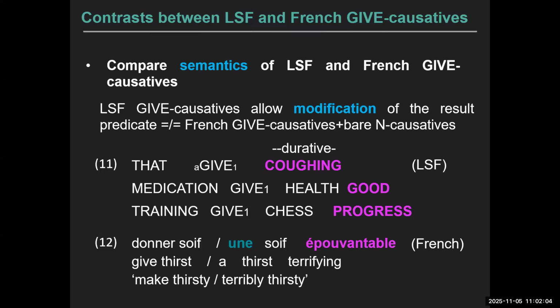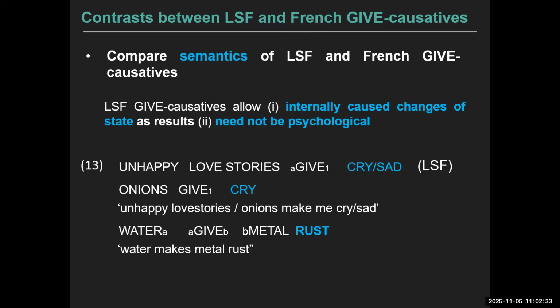Training give chess progress. So again, the degree of skill in chess has improved or changed. So we can use an article here in French to actually show that something has changed, but it doesn't work in the same way as in French Sign Language.